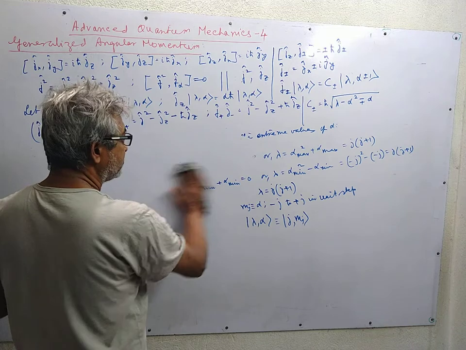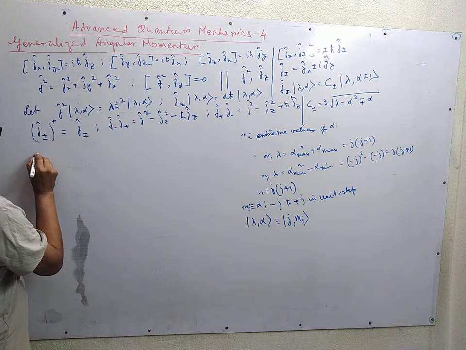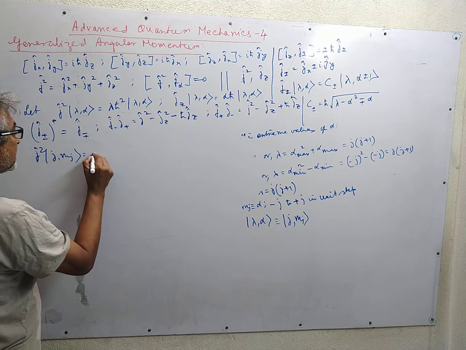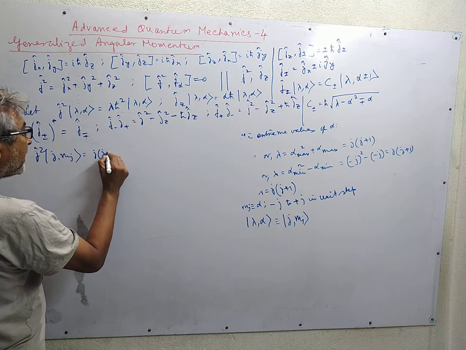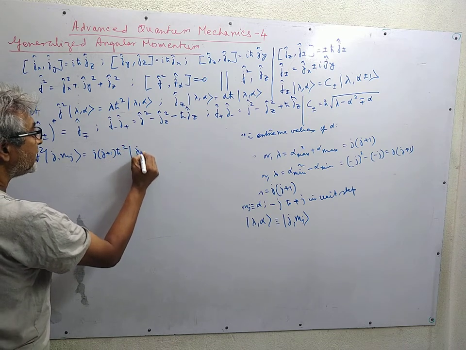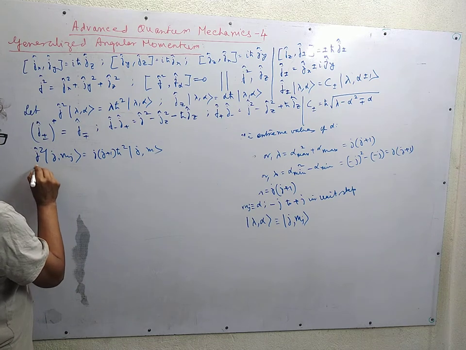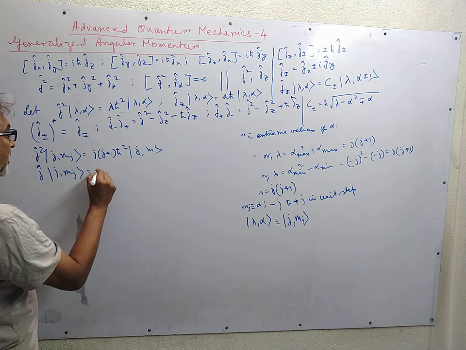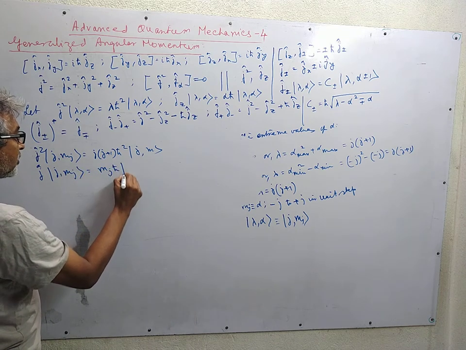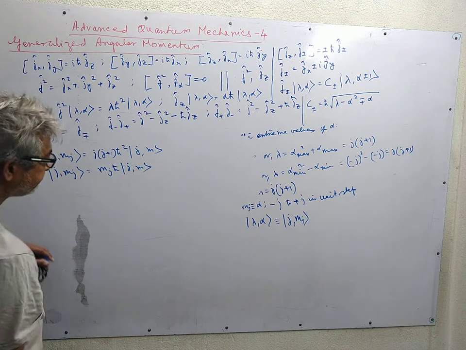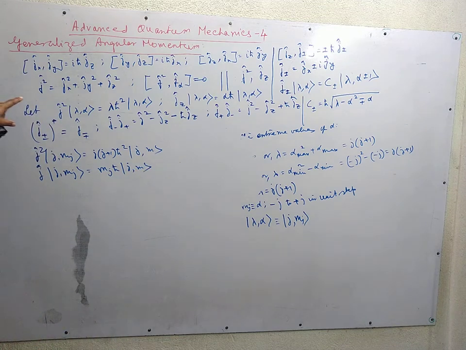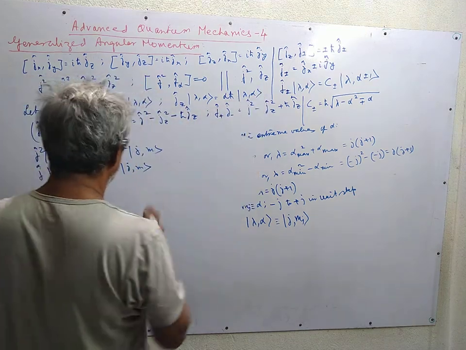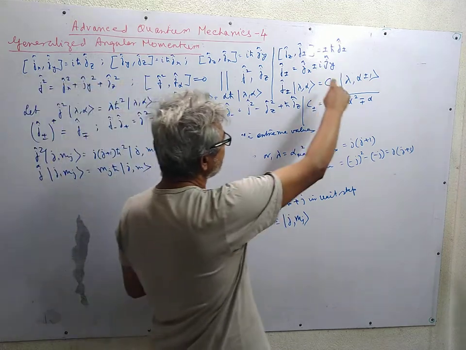The eigenvalue equation comes out to be: J squared operating on |j mj> is j(j+1) ħ² |j mj>, and Jz operating on |j mj> is equal to mj ħ |j mj>. So these two relations have been redefined or reformulated. Now we are to write these two relations.